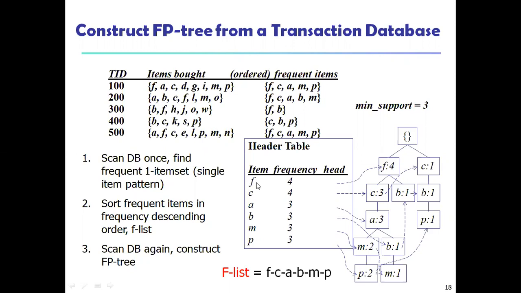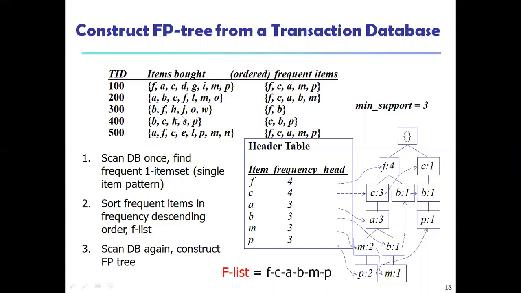F has 4, so it is taken in the first position. Similarly C, 1, 2, 3 and 4, is also having the value 4, so it is taken in the second position. Since F was first, then second C. If you take A, it occurs 3 times, so A takes the next place.